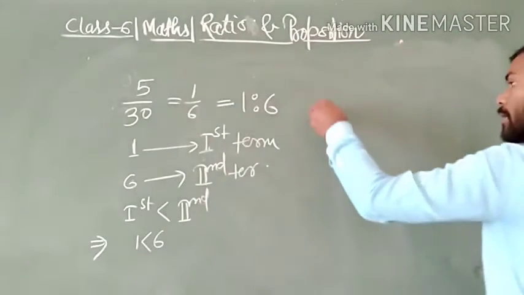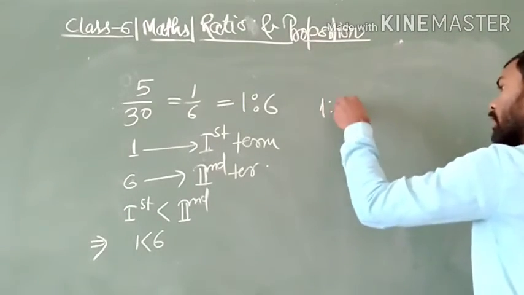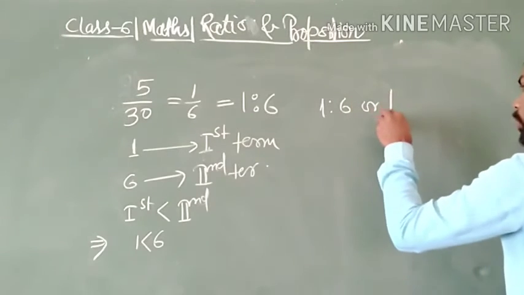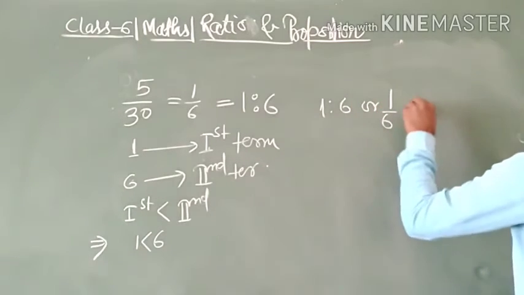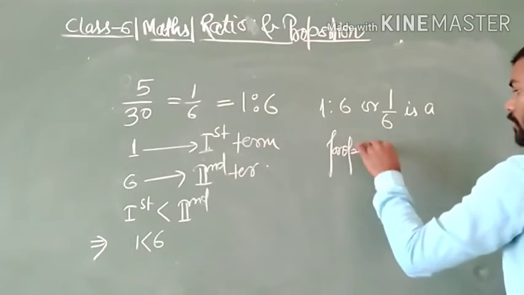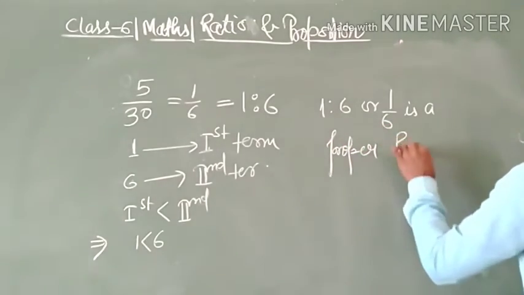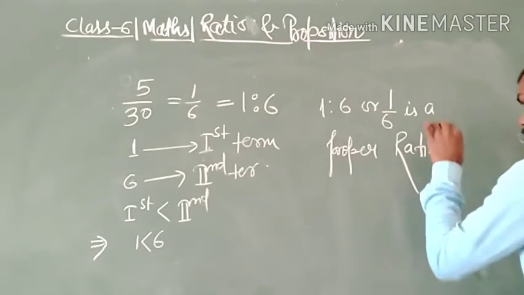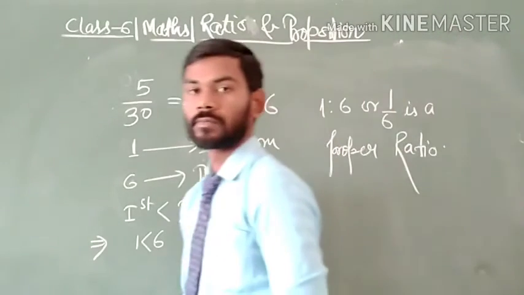Hence we can say that 1 is to 6, or 1 by 6, is a proper ratio.